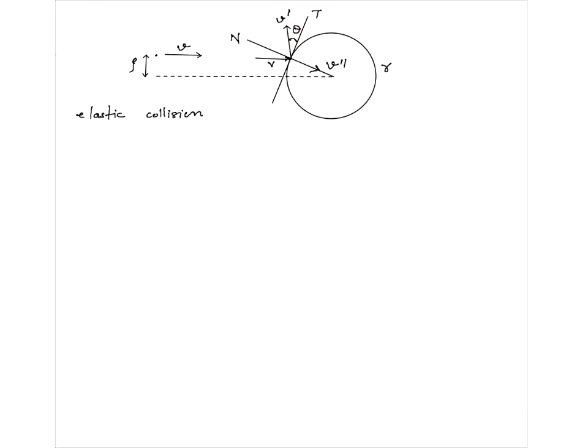So along the tangential direction, velocity cannot change. That means v dash cos theta must be what? Can you tell me what should come here? The component of V along this should be what?